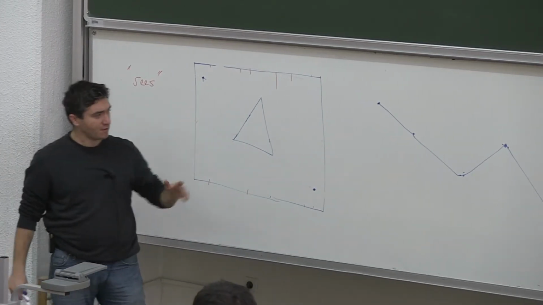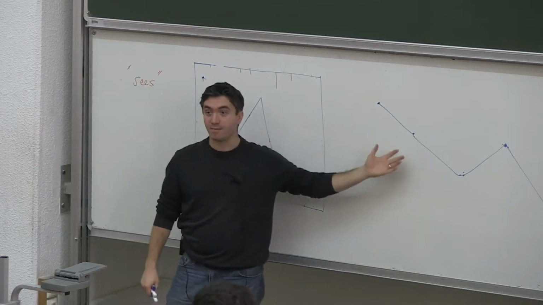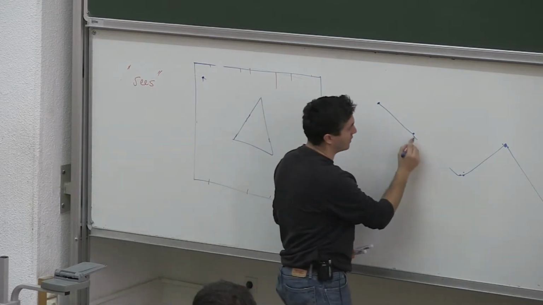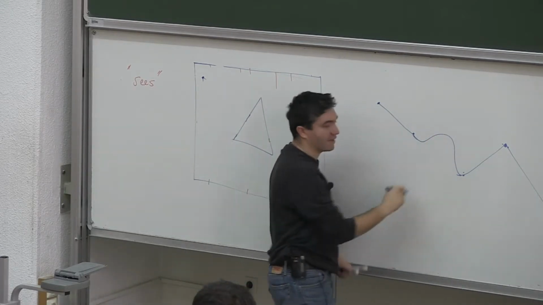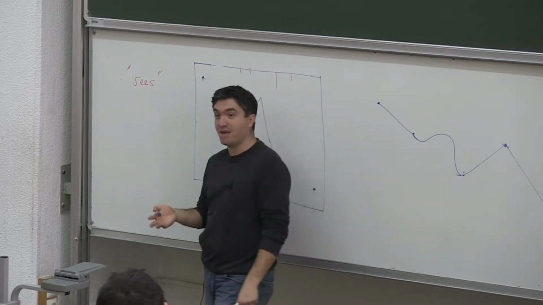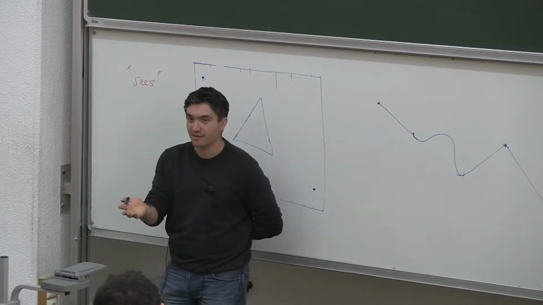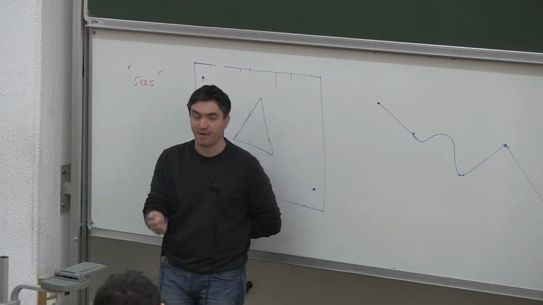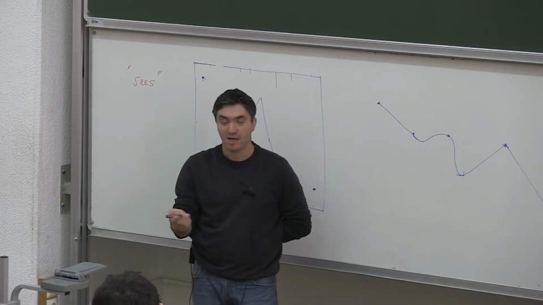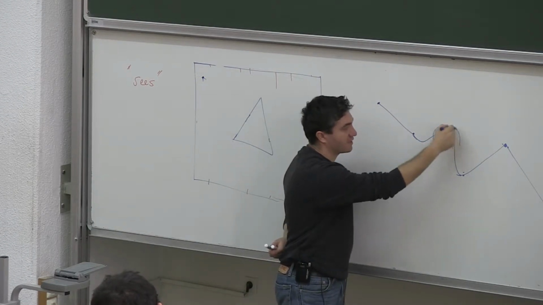And first of all, it proves the fact that it's a polygonal path. If there was a curve, for example, if it was something like this, since it's going to be a valid path, it has to be in the free space. If this curve is in the free space, there must be a point on it which is also in the free space, and we can enlarge the neighborhood of this curve.